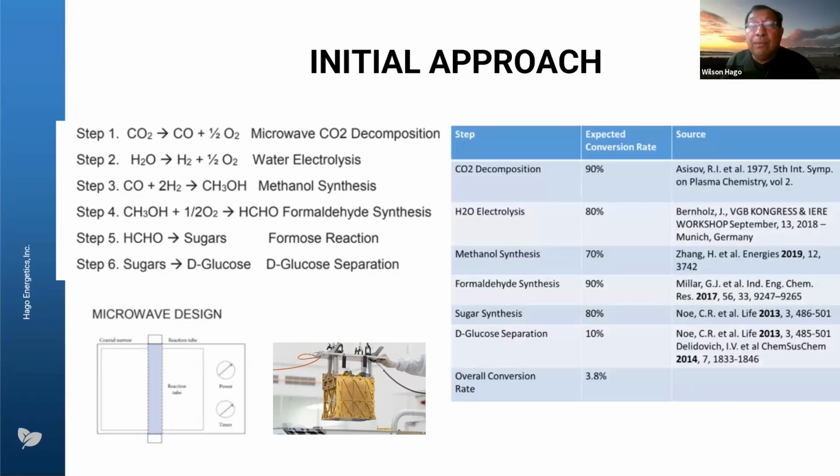We figured out, using various numbers from the literature, that we could expect certain conversion rates from each of these steps. Ultimately, we expected an overall conversion rate of about 4% in terms of the sugar, in terms of the initial carbon going in and the output carbon going out.